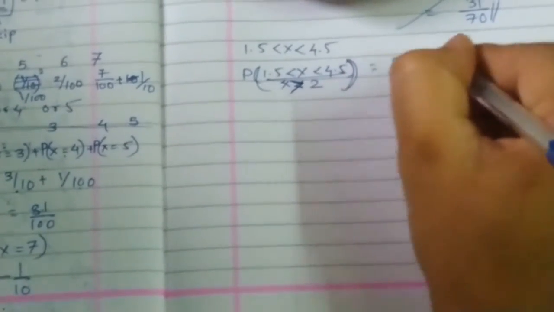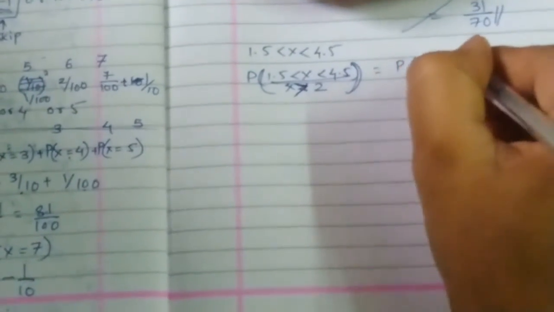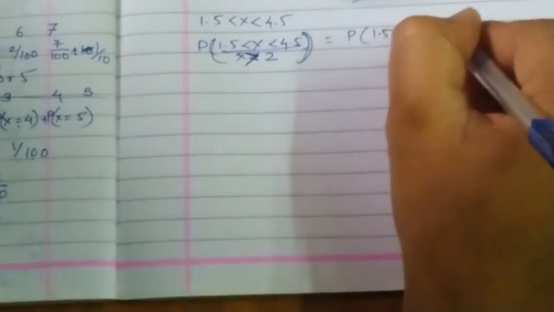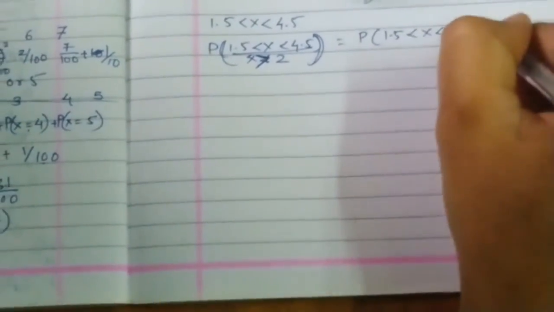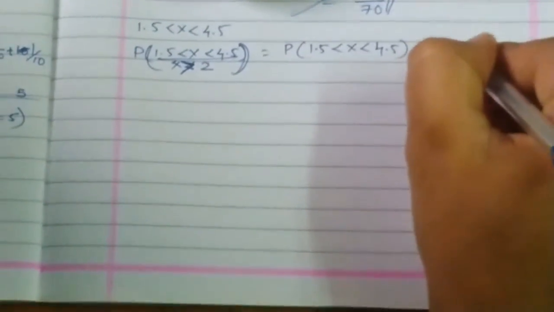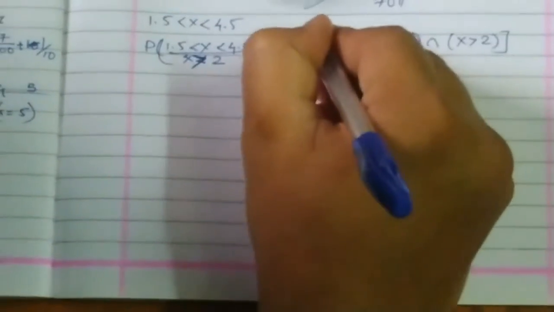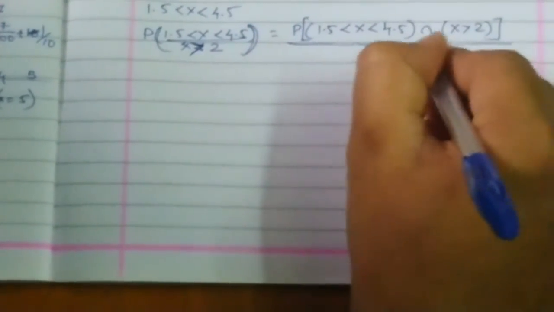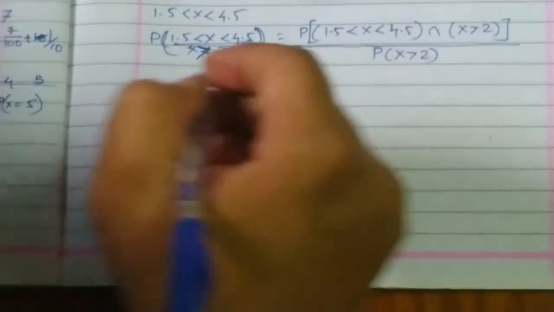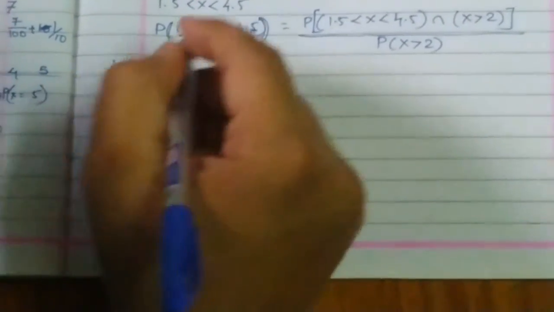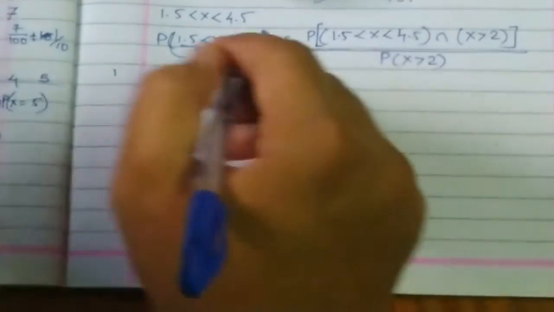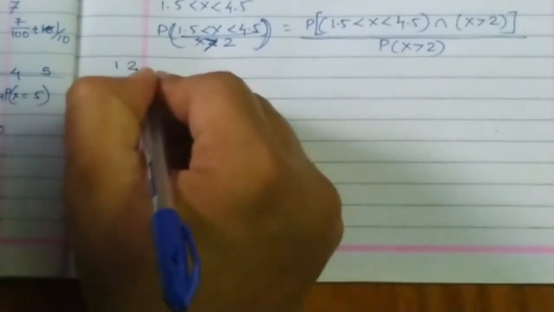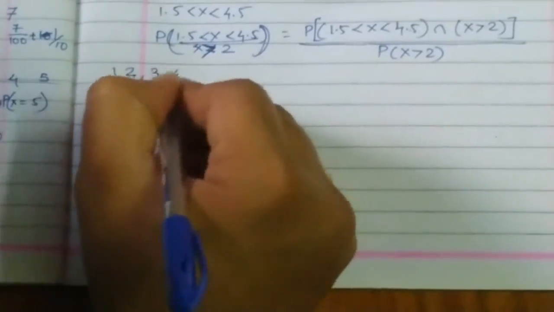So this is the probability of 1.5 less than x less than 4.5 intersection with the event x greater than 2, divided by the probability of x greater than 2. Now what is the intersection of these two sets? The values between 1.5 and 4.5, as we have just discussed, are 2, 3 and 4.